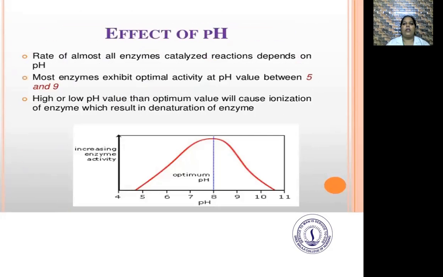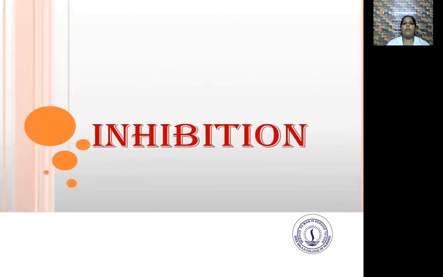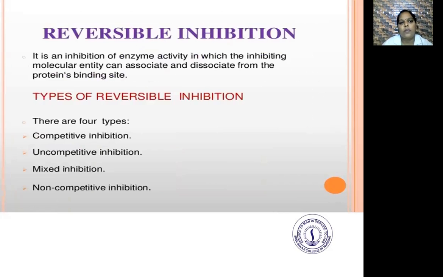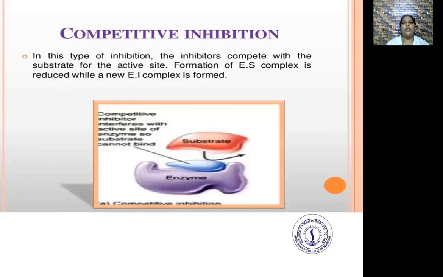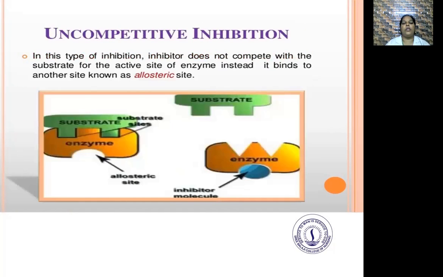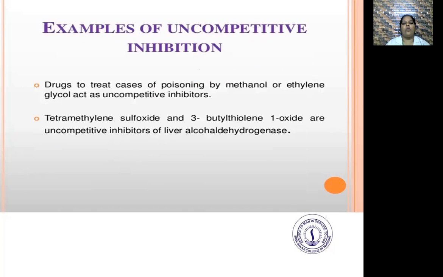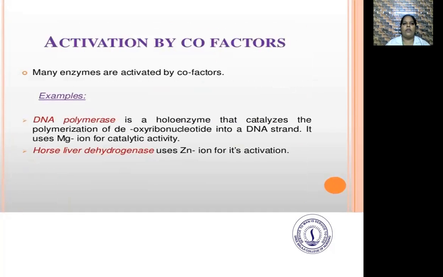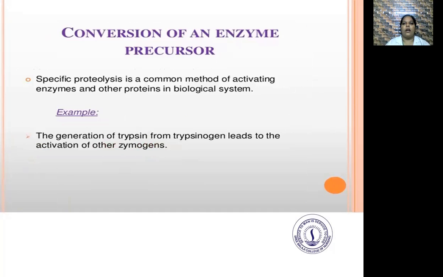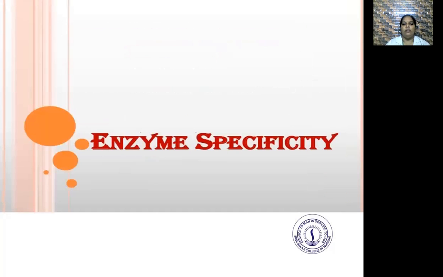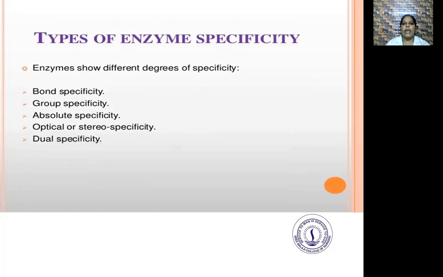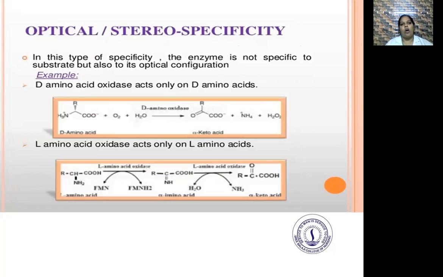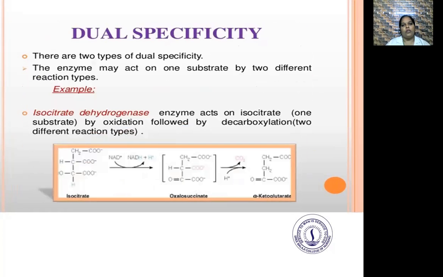The effect of temperature, the effect of pH, pharmaceutical importance, inhibition, types of inhibition, reversible, what are the types of reversible inhibition, competitive inhibition, what are the examples of competitive inhibition, uncompetitive inhibition, what are the examples of uncompetitive inhibition, what is activation, what are the types of activation, activation by cofactor, conversion of an enzyme precursor, enzyme specificity, types of enzyme specificity, group specificity, effect of pH, optical and stereo specificity, dual specificity.